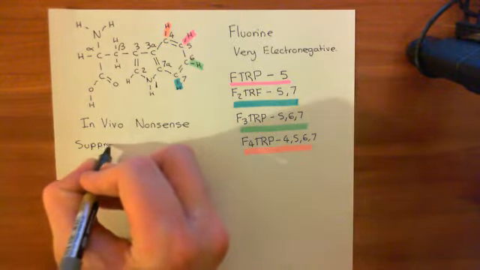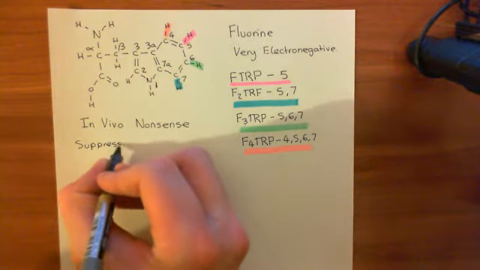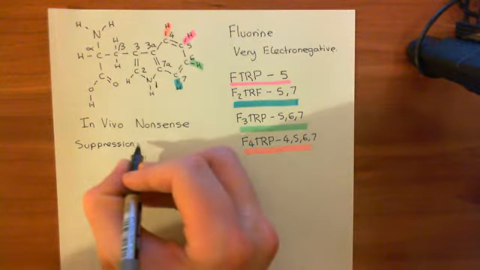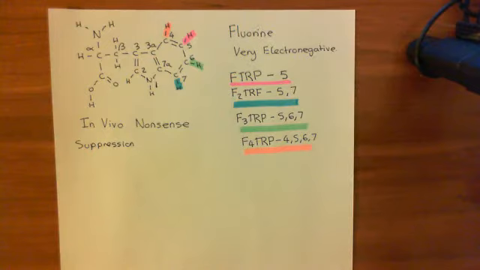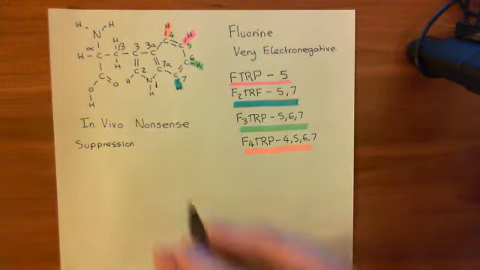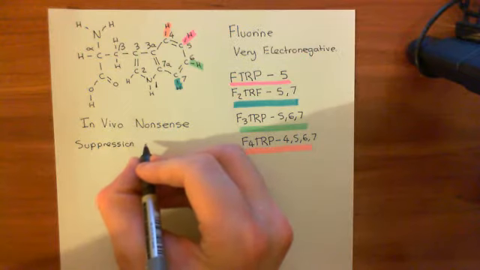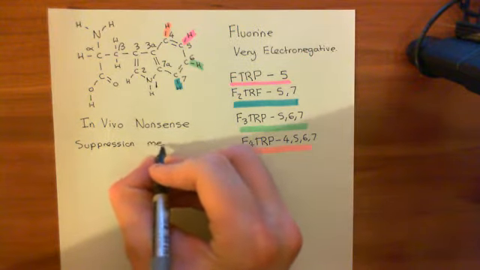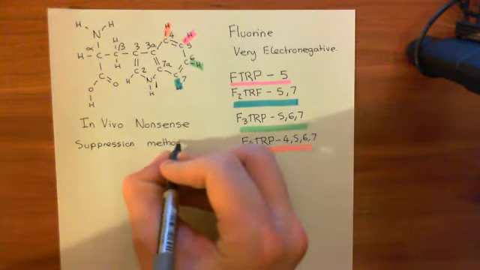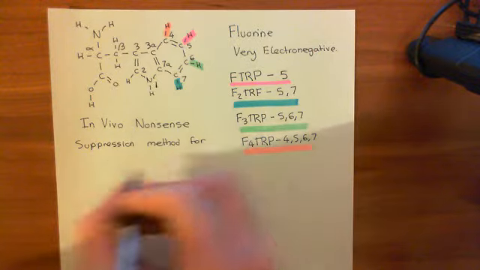Specifically, it's the in vivo nonsense suppression method for expressing unnatural amino acids, or unnatural amino acid incorporation.